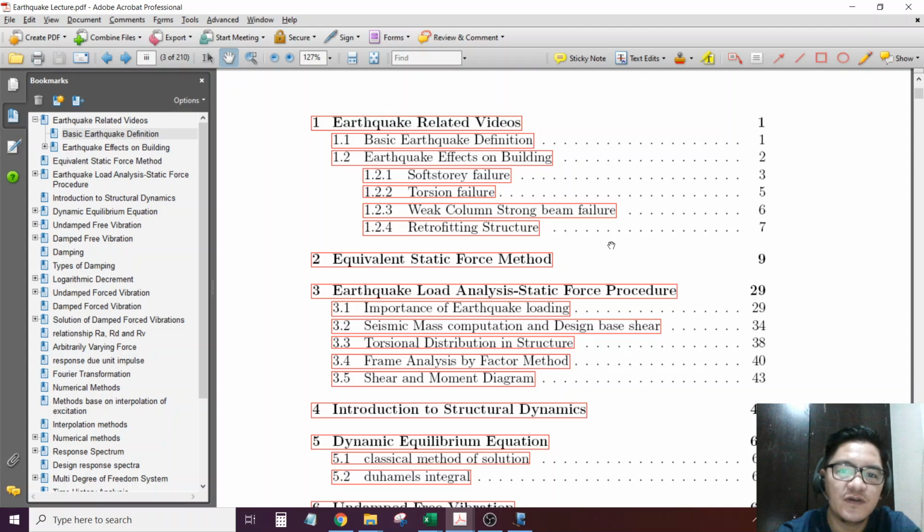Although your building is moving during the earthquake, to simplify the analysis as engineers, to simplify everything, although it's moving, we perform an equivalent static force to the actually dynamic motion of the building.